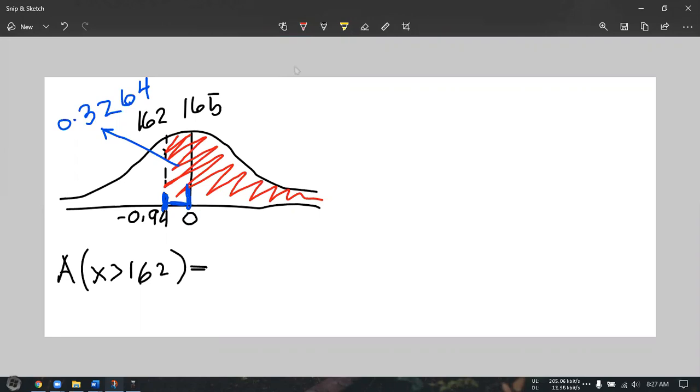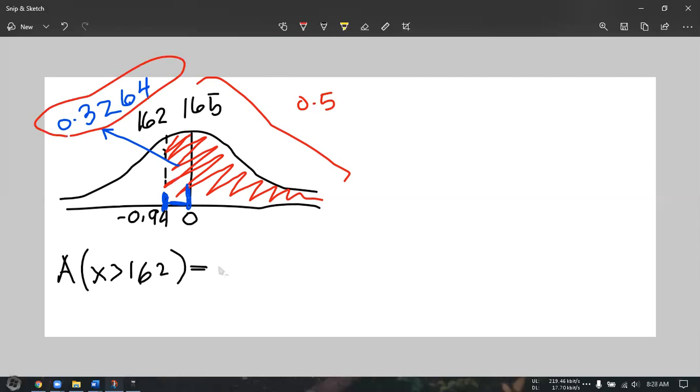Anyway, yeah, correct. Since we already have the half of the distribution here, 0.5, all we have to do is add this area to find the total area of the shaded portion.